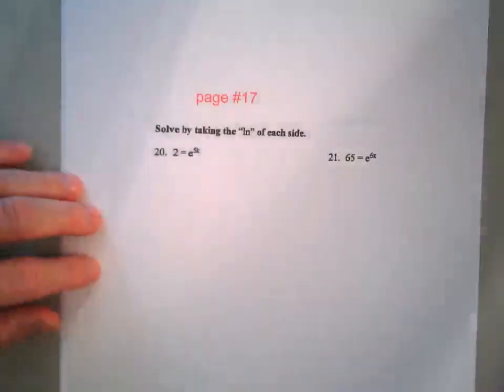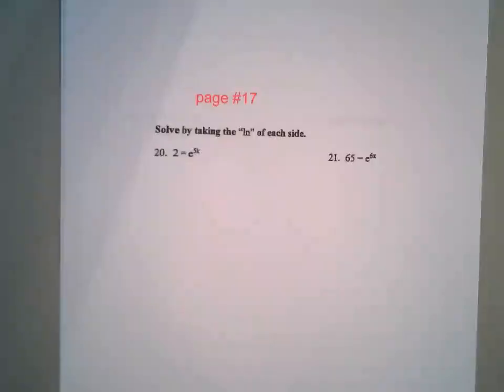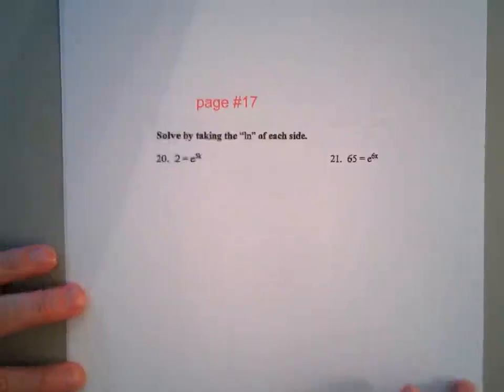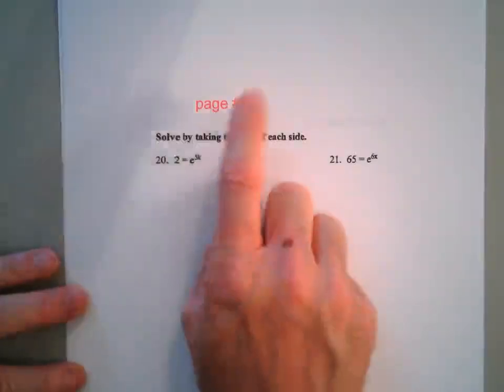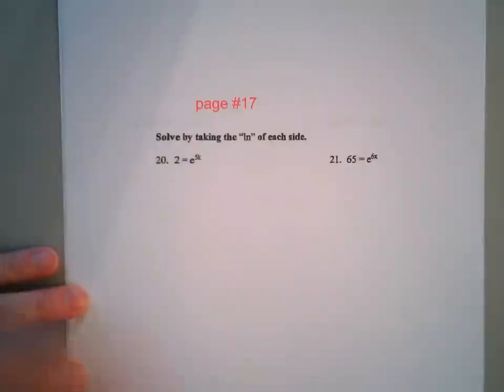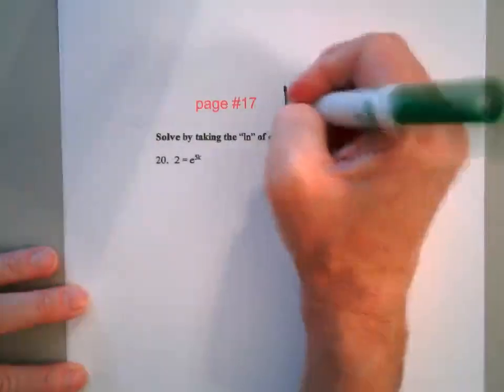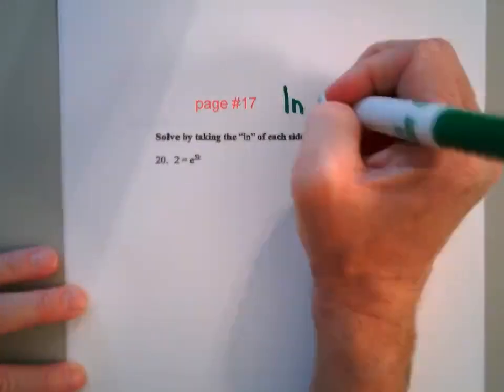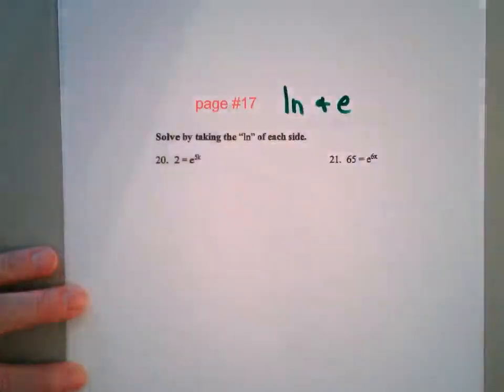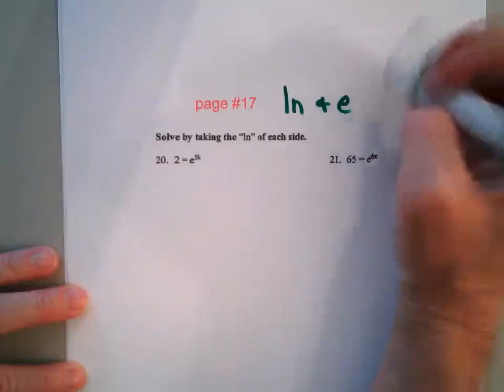All right, moving on to page 17. So if you're following along, this is in the packet, page 17. Okay, now we have an e. Now, let's see, where can I put this? That's called natural log. And e, okay, are inverses.